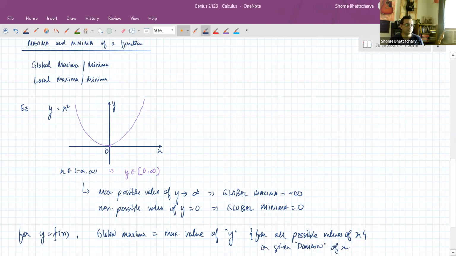And similarly, global minima will become the overall minimum, or the minimum possible value of y for all possible values of x, or in other words, the given domain.